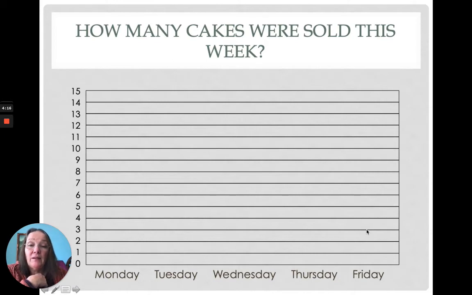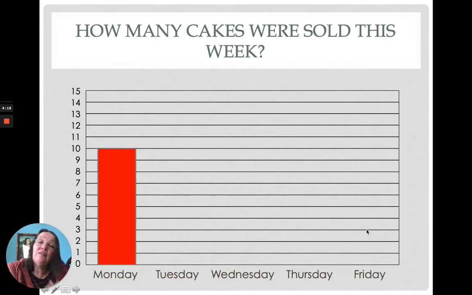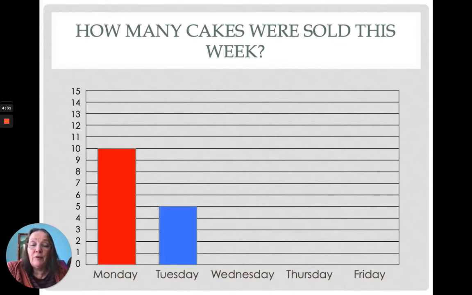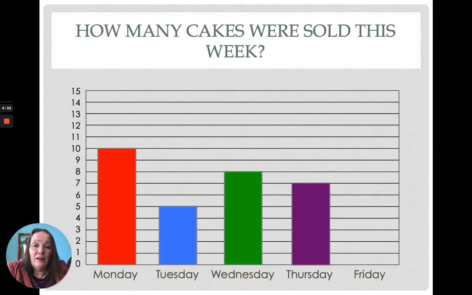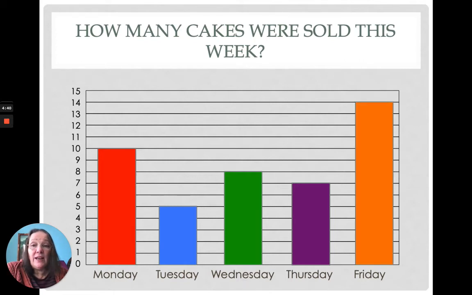So on Monday we sold 10 cakes. So there we are, we pop in a bar, a bar up to number 10. That shows us that there were 10 cakes sold on Monday. Tuesday there were 5, Wednesday there were 8, Thursday there were 7, and Friday was a good day, that was 14.